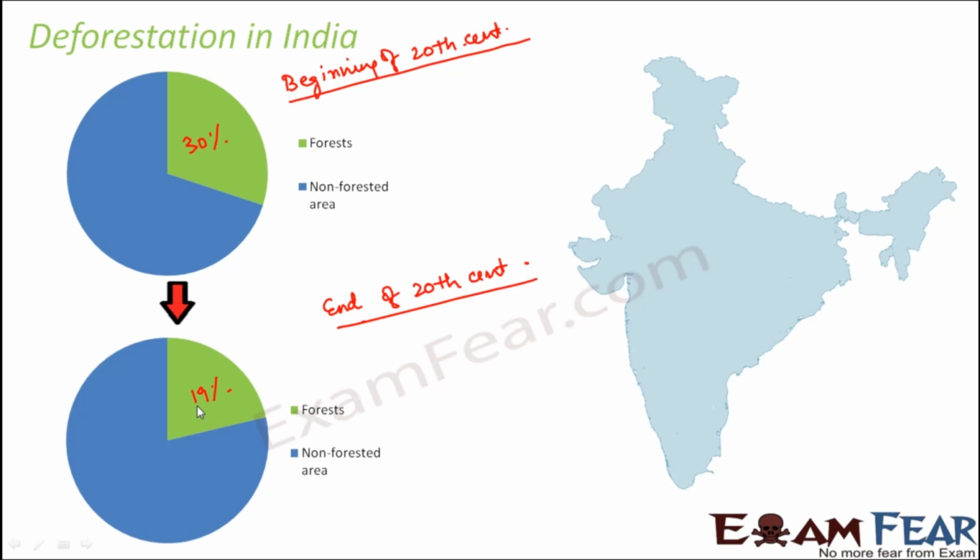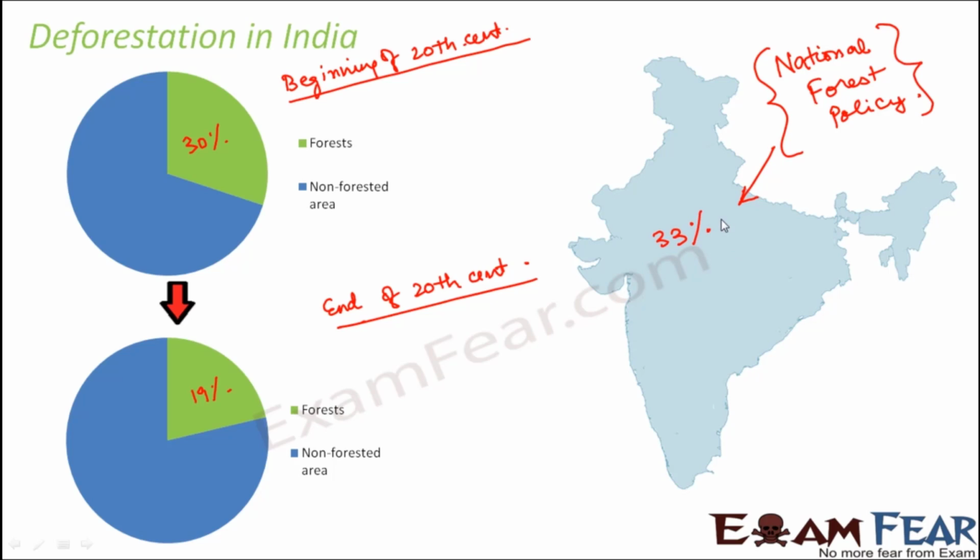Forget about the condition of India. If you look at the policy which is called the National Forest Policy, there is a policy like this which tells what should be the area that should be covered by forests for the benefit of the environment. So as per this National Forest Policy, it says that 33% forest cover should be present for the plains, that means for the plain areas.